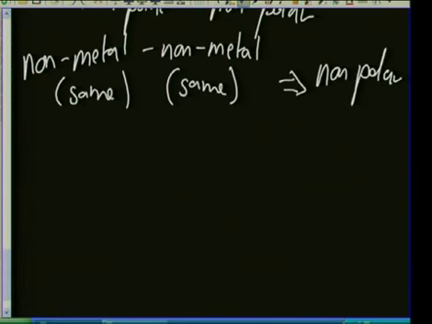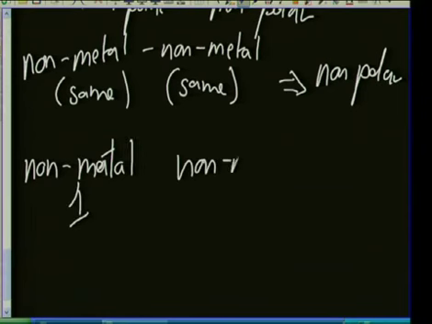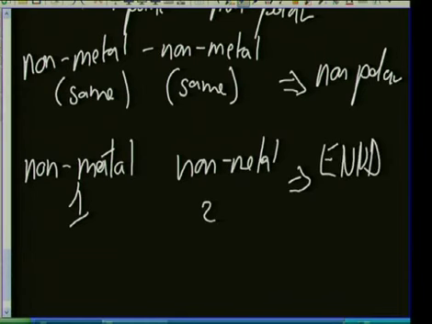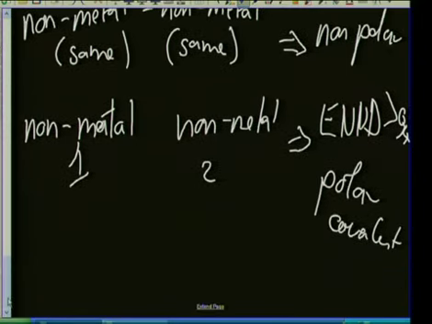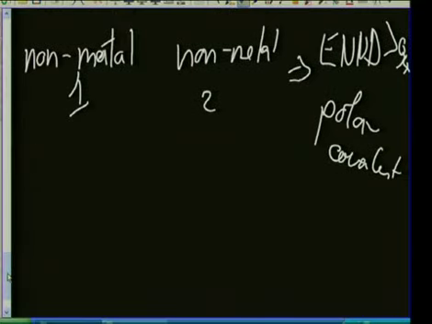If it is a different non-metal, so non-metal 1 and non-metal 2, then you have to look at the electronegativity difference, which you've done previously, and if it's greater than 0.4, then you can say that this could be polar covalent. It's not always going to happen like that. The bond will be polar covalent.